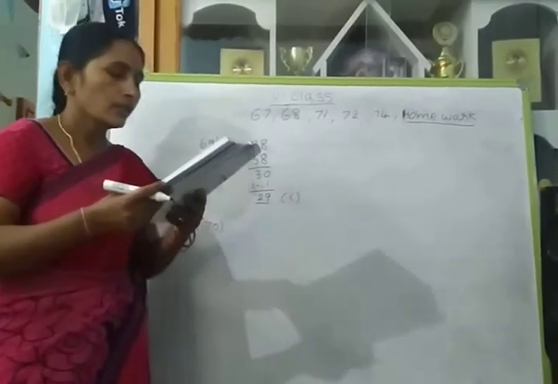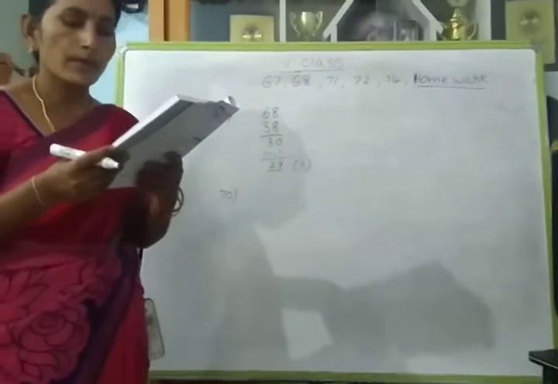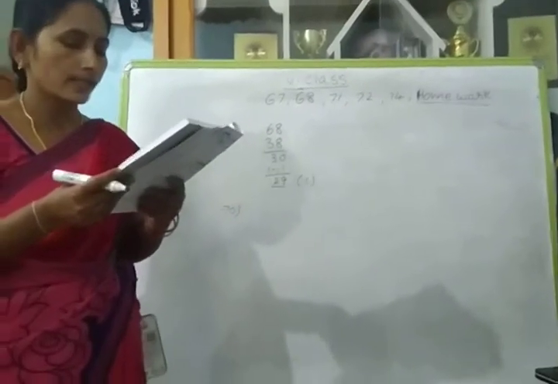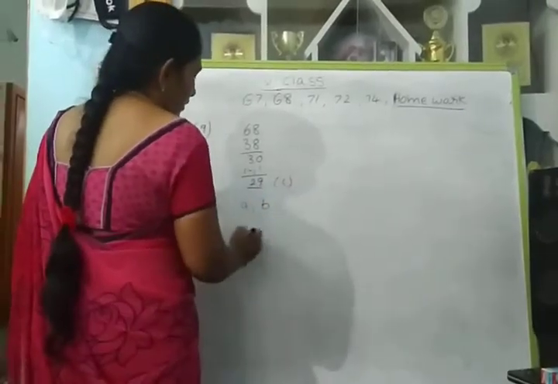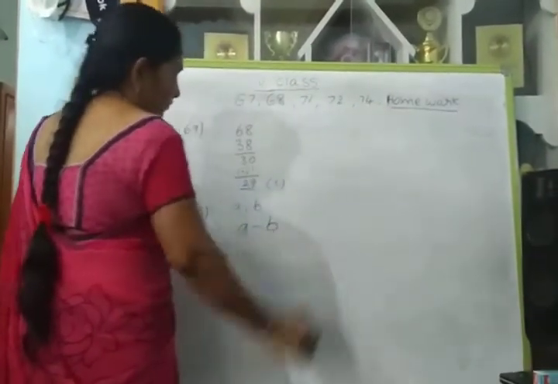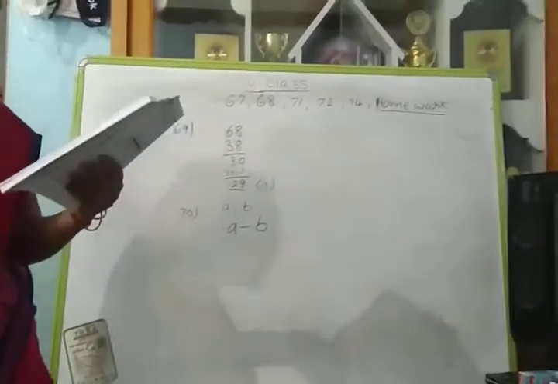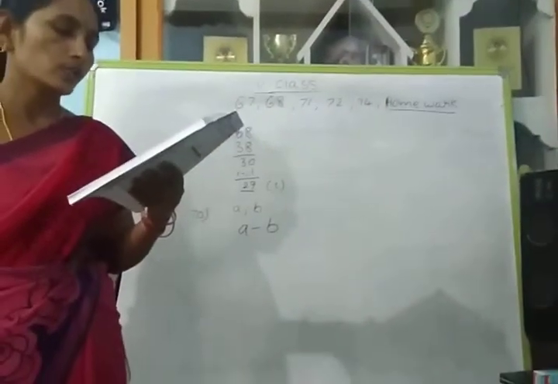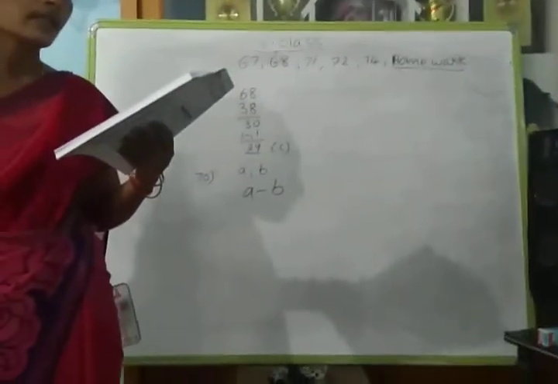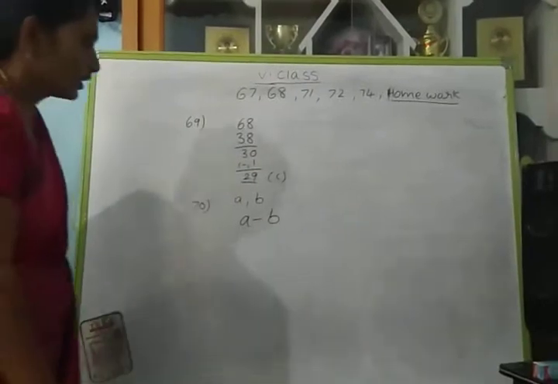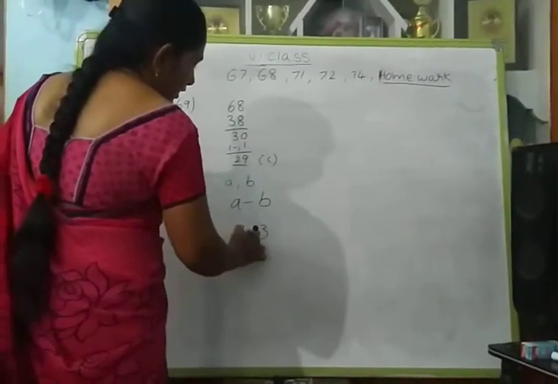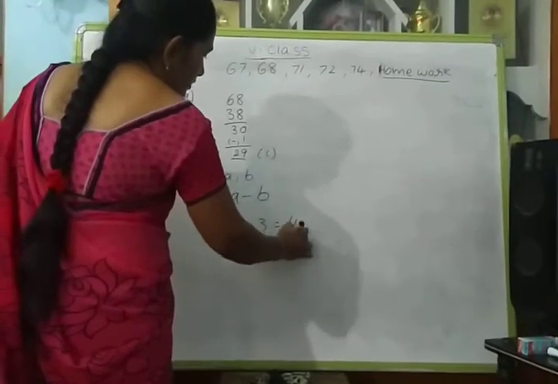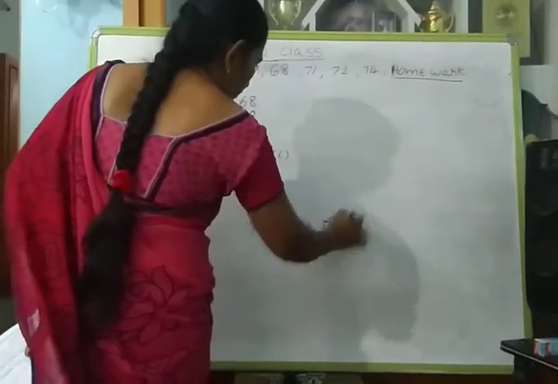Next one. If A, B are two whole numbers, then A minus B is a whole number, a natural number, an integer, or cannot be determined. See here. For example A 7, B 3, 7 minus 3, 4, it is a whole number.